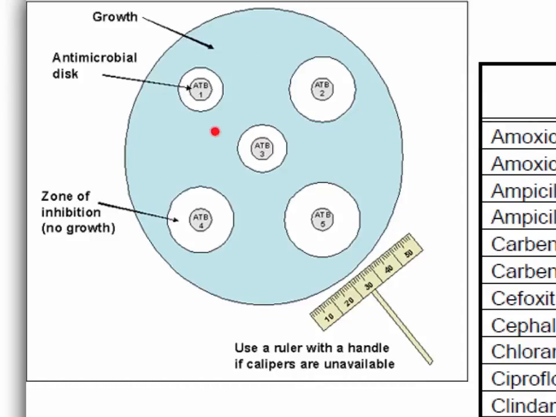When the microbes grow, they can't grow near the antibiotics because the antibiotics are inhibiting their growth. And so then you can measure across the diameter of this zone of inhibition, and then you compare that zone of inhibition to a chart.